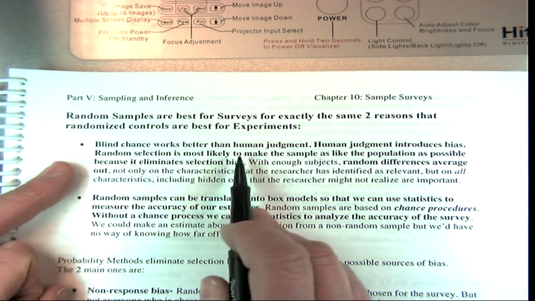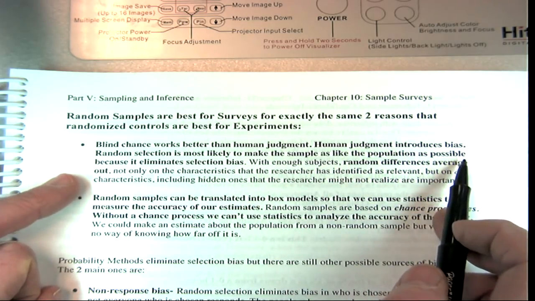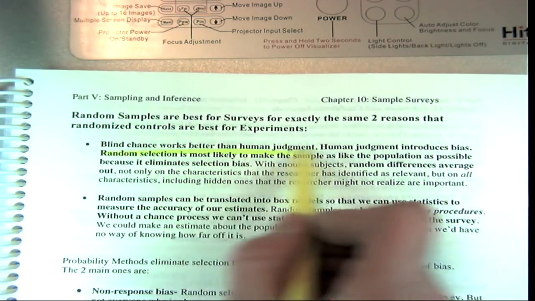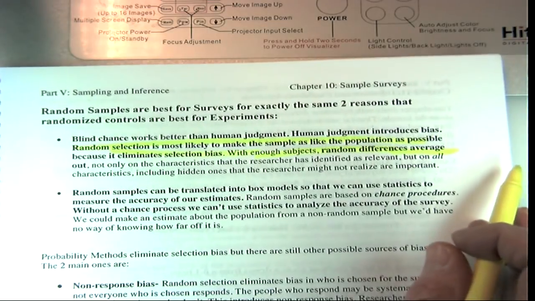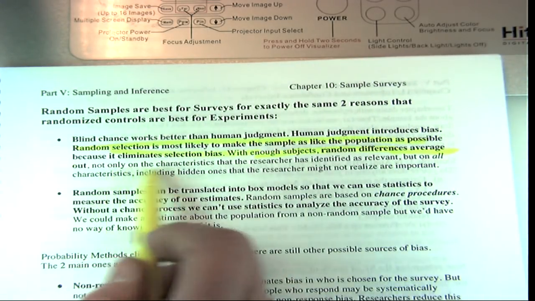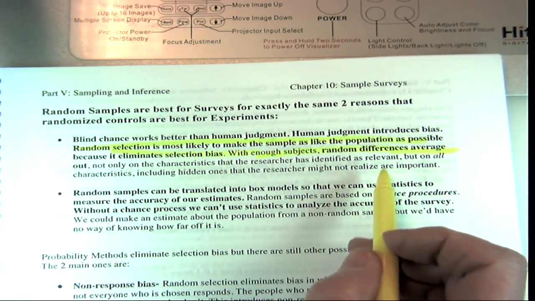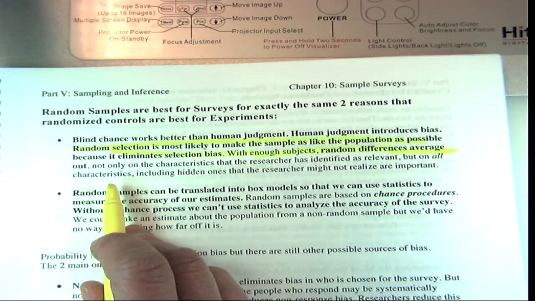And random selection is most likely to make the sample as like the population as possible because it eliminates selection bias. We say this over and over again. This is the key: with enough subjects, random differences average out. Not only on the characteristics that the researcher has identified as relevant, but on all characteristics.